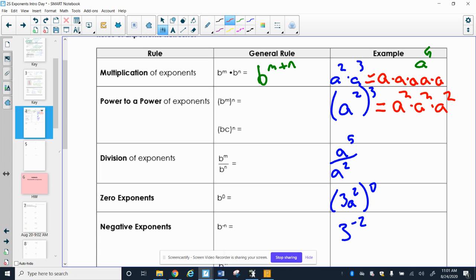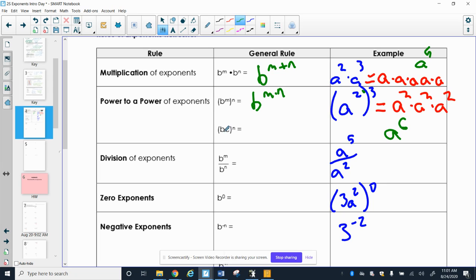Well, using the same logic of above, if we added all those exponents, our answer would be a to the sixth. Now we think about what did we do? We had a squared raised to the third, and it became a to the sixth. Well, really what we did was we multiplied. So this example over here, that would be b to the m times n. Okay, the power raised to a power, we multiply the exponents.